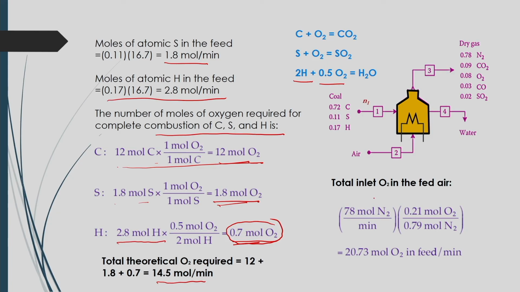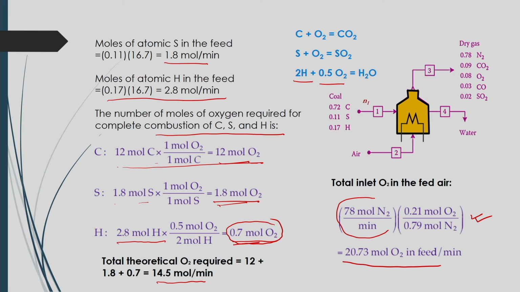So if there is 78 mole of nitrogen in the air stream, how many moles of oxygen will be in the feed stream? It will be simply 20.73 mole of oxygen in the feed per minute. So this is how you can calculate the total inlet oxygen in the feed air.